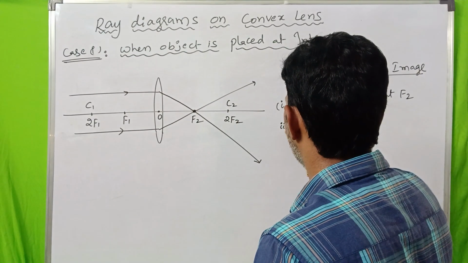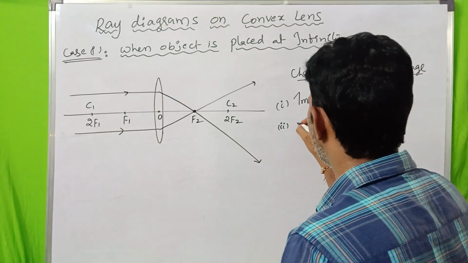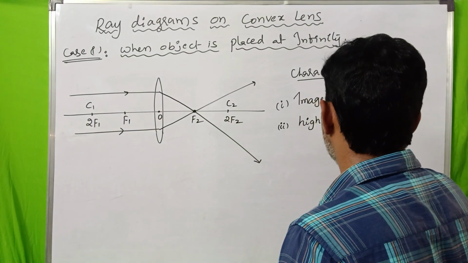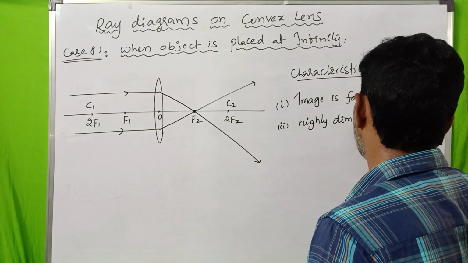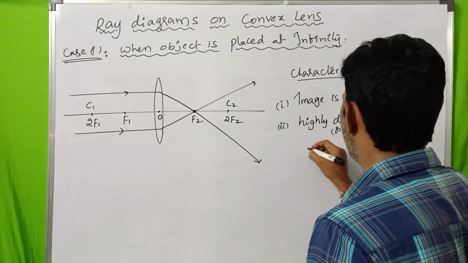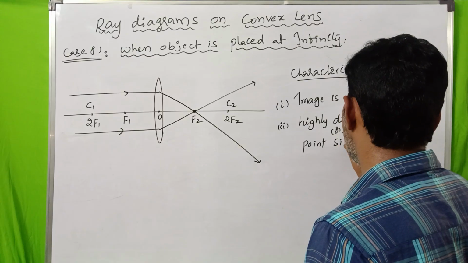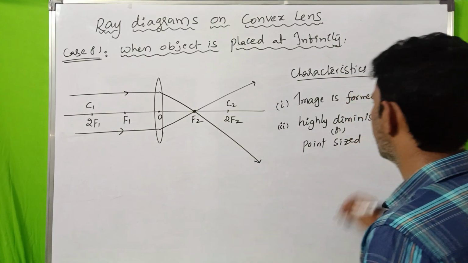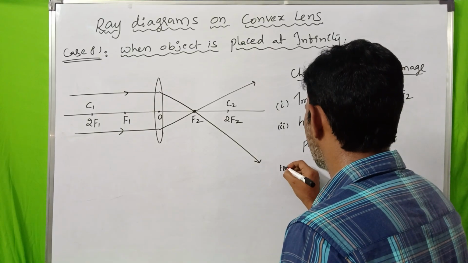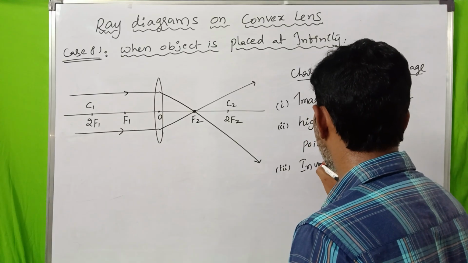The second one is size. It is highly diminished, or we can also call it a point-sized image. The third one is that it is an inverted image.